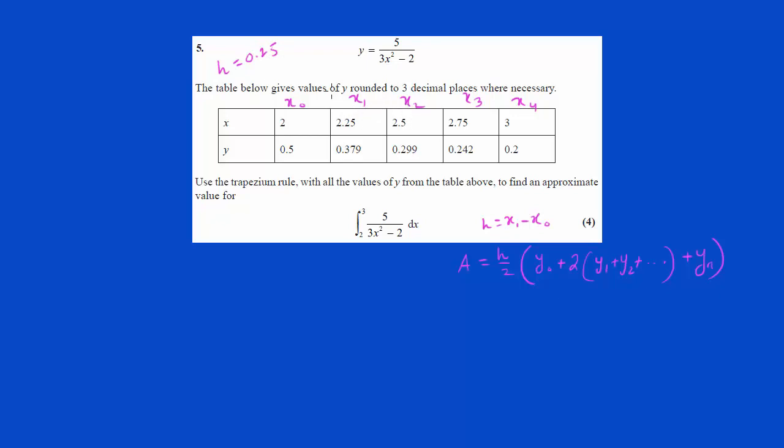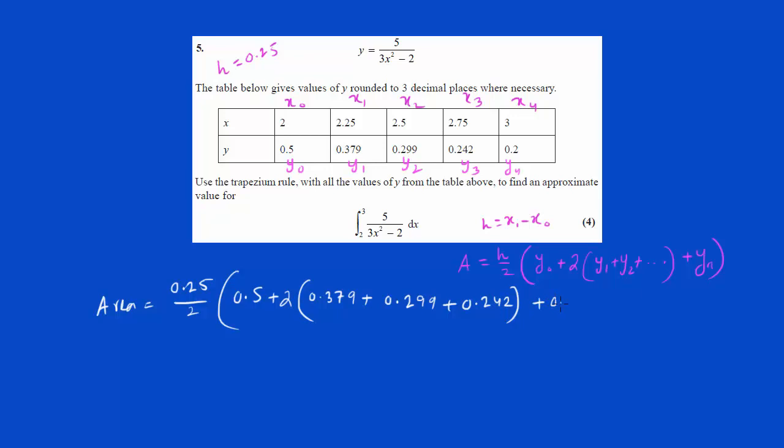The next thing are the values of y. So the values of y are, this is y0, this is y1, this is y2, this is y3, and finally this is y4. So the formula is, let's write it down, area equals h by 2, h is 0.25, divided by 2, y0 is 0.5 plus 2 into y1 is 0.379 plus y2 is 0.299 plus y3 is 0.242 plus 0.2, bracket closed.